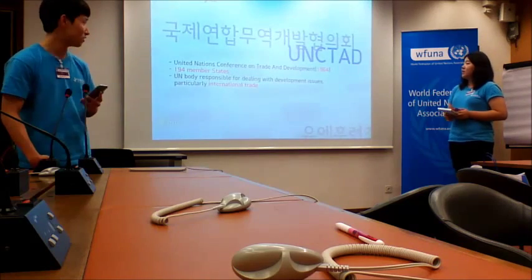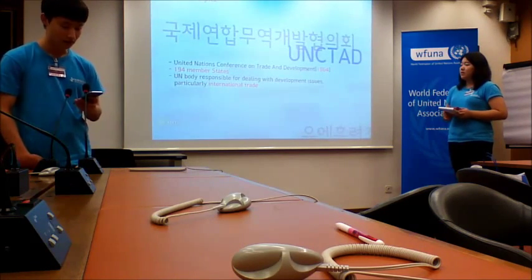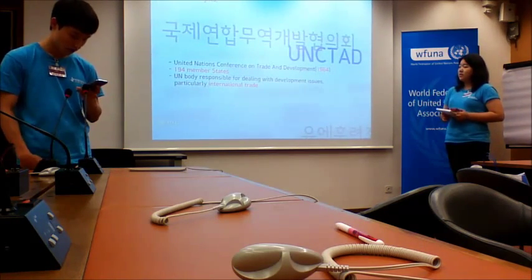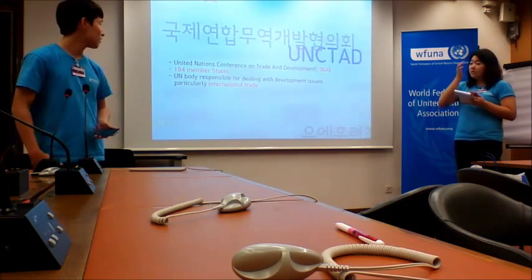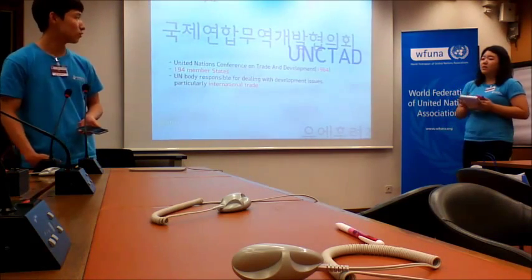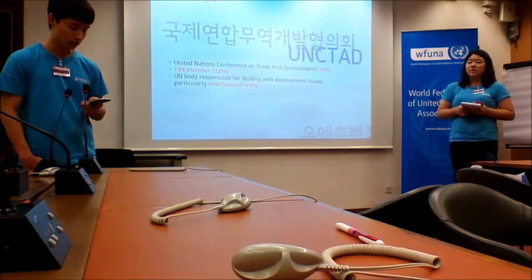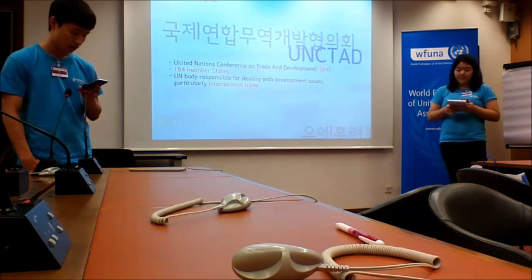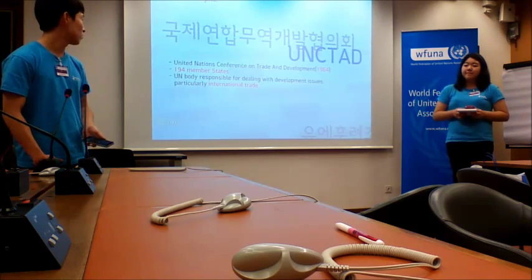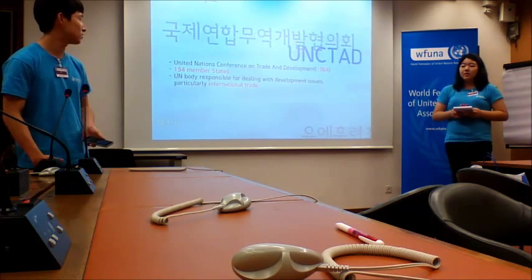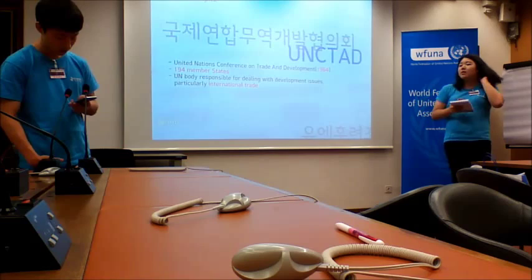The next one is UNCTAD. It's the United Nations Conference on Trade and Development, and it was formed in 1964 and has 194 member states. Its goal is to deal with development issues and international trade.